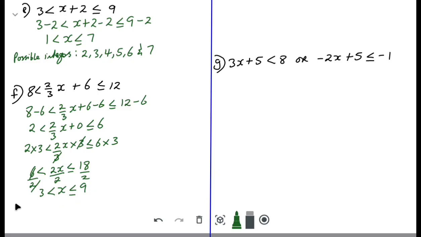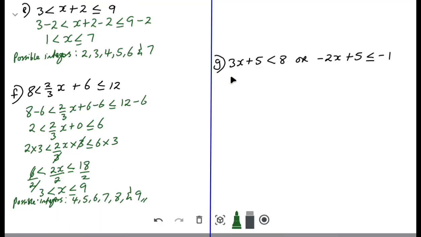So the possible integers will be 4 since x is greater than 3, 4, 5, 6, 7 and less than or equals to 9, 8 and 9. This will be our possible value for the question 6.